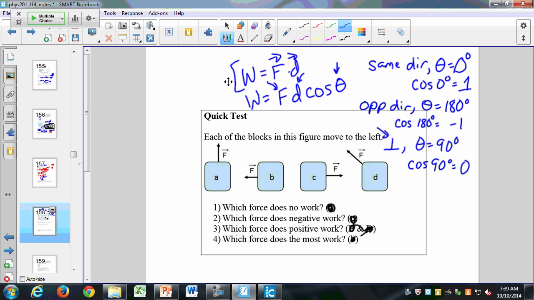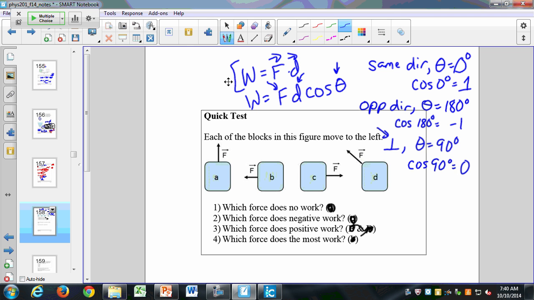So what is a force that is often opposite the direction of motion? Friction. So the frictional force will most of the time do negative work because the force of friction is opposite the direction of motion. And if they're perpendicular to one another, as we'll see in a few questions, they'll do no work at all.